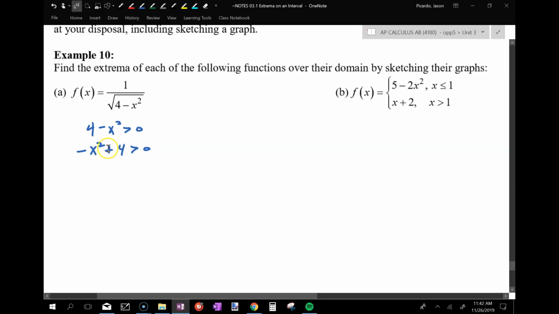I took a parabola, flipped it vertically, and shifted it up 4 units, right? So this is a parabola that's been flipped and shifted up 4 units. So it looks like this.